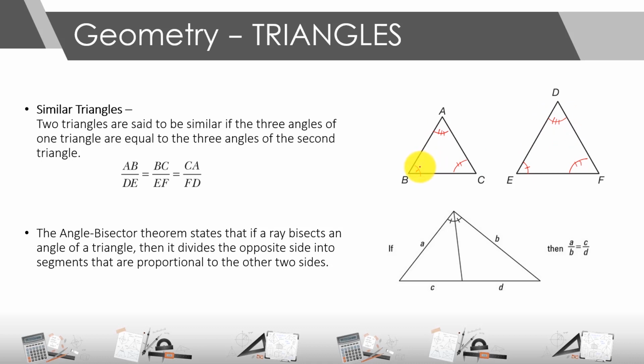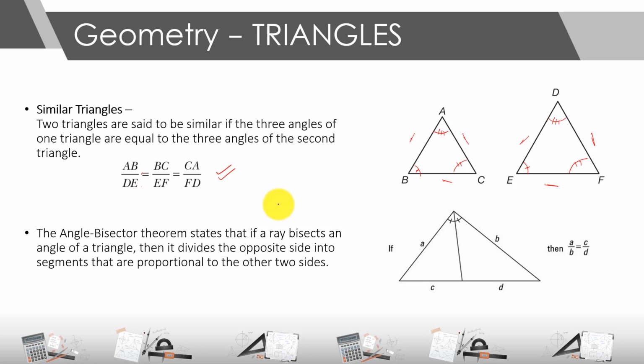If all the three angles are equal for two triangles, then this particular relationship holds. That is, the ratio of their sides will be equal. So AB by DE is equal to BC by EF is equal to DA by FD. So if we know that two triangles are similar, how will we know that?